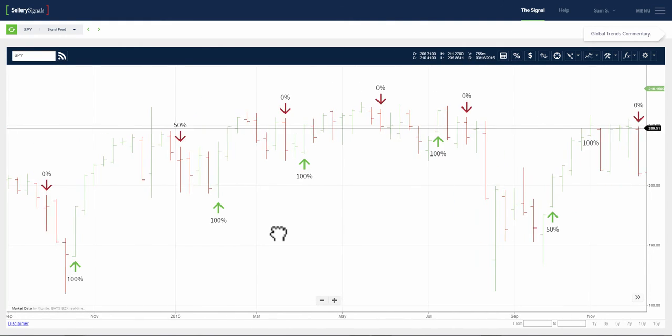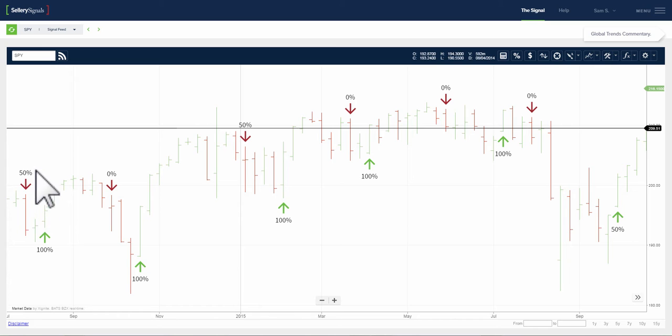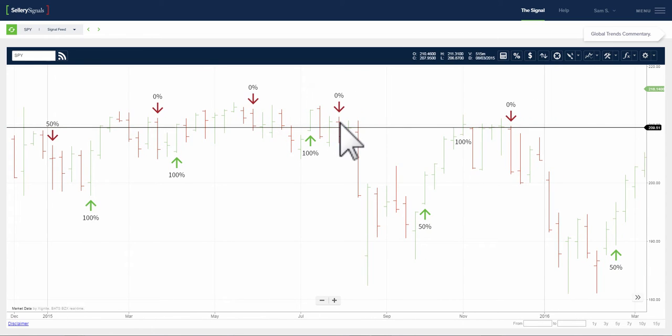But you can see how our exits are going from 50% to 0, 50, 0, 0, 0, and finally the market rolled over, a 10 or 15% correction in a matter of a month in the middle of 2015, and we had a 0% exit arrow. So that's saying get out of this position, go to another security, go to the sidelines.